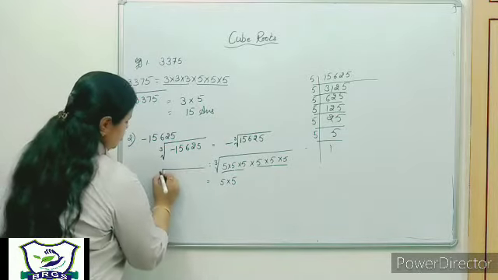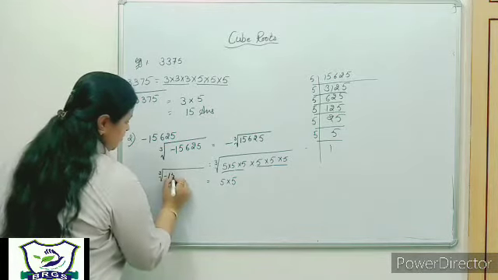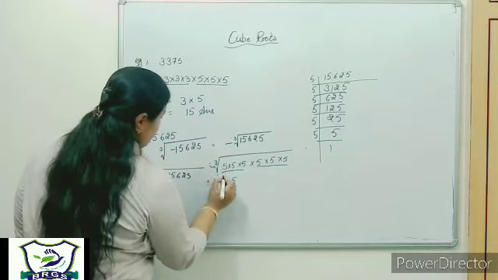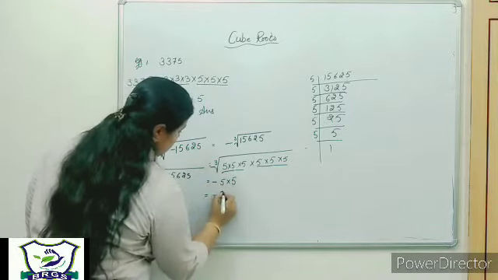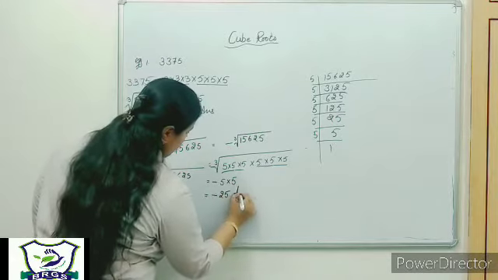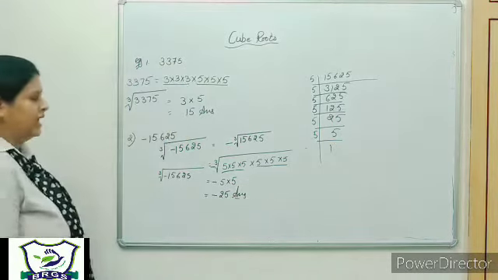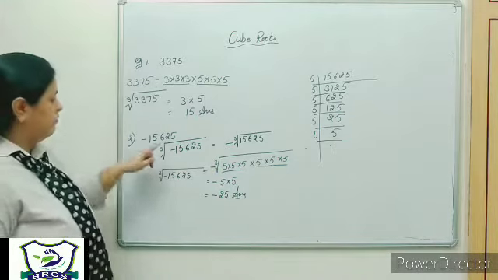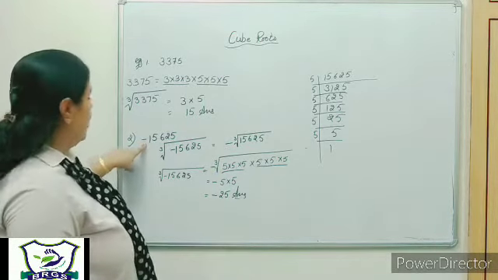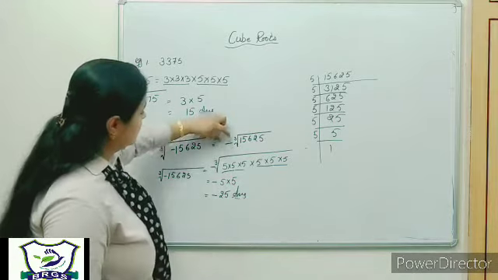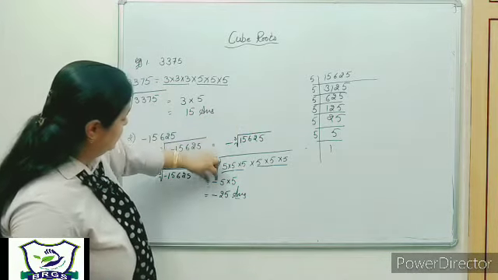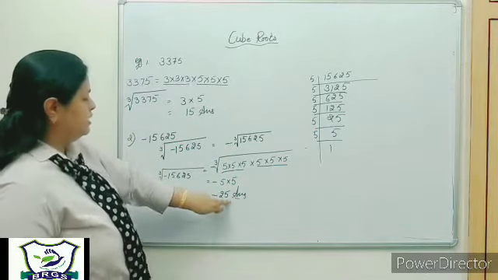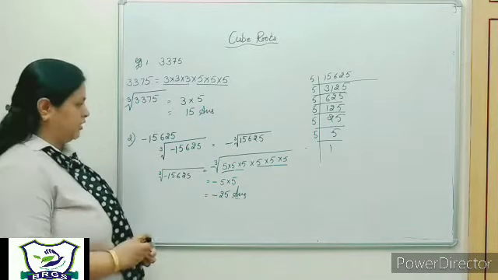Then cube root of minus 15625 is minus 25, and minus 25 is the answer. Clear? Got it? When we are calculating cube root of negative perfect cube, keep negative sign outside, and thereafter find the cube root, and answer will be minus 25, negative 25.